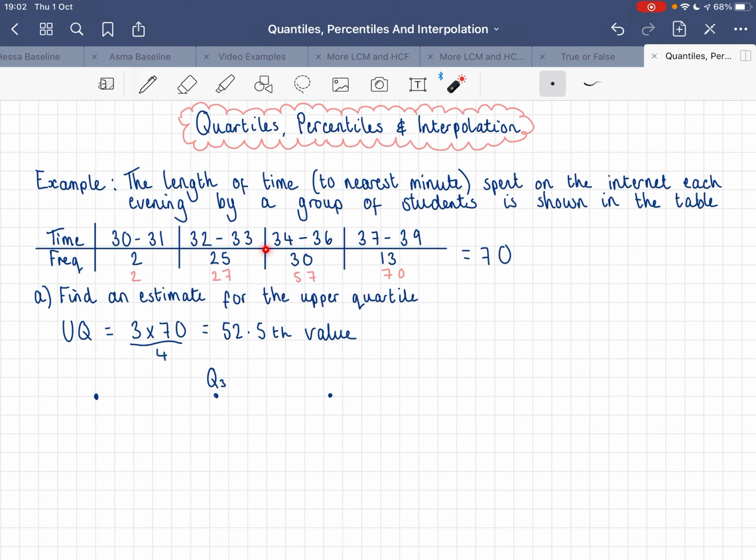Remember, you have to look at the class boundaries. Because there's a gap between 33 and 34, we need to remember that our class boundaries go from 33.5 to 36.5 to get rid of those gaps between the classes. So our lower boundary would be 33.5 and our upper boundary would be 36.5.